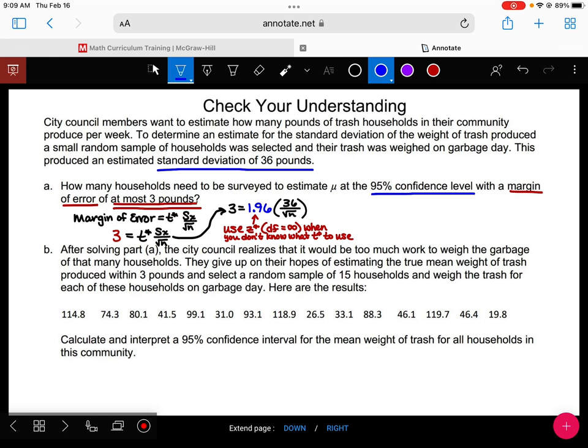So now that we've got all those pieces filled in, I want you guys to calculate n for me.